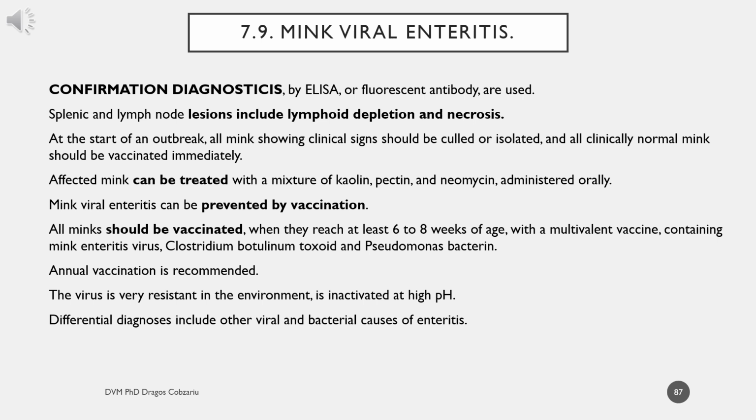All mink should be vaccinated when they reach at least 6 to 8 weeks of age, with a multivalent vaccine containing mink enteritis virus, Clostridium botulinum toxoid and Pseudomonas bacterin. Annual vaccination is recommended. The virus is very resistant in the environment, but is inactivated at high pH. Differential diagnoses include other viral and bacterial causes of enteritis.